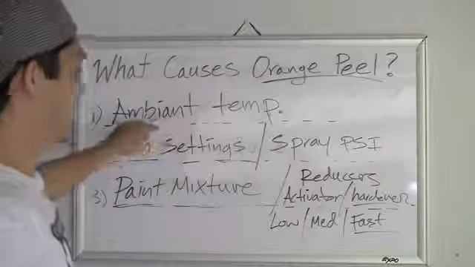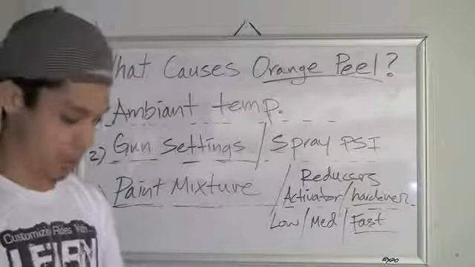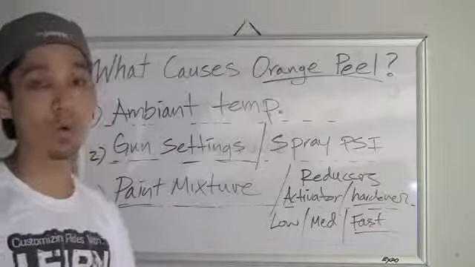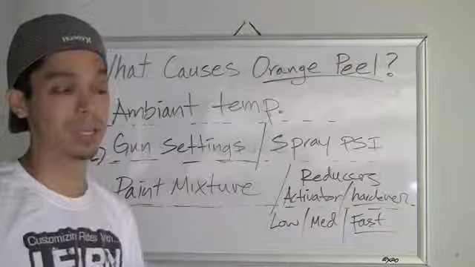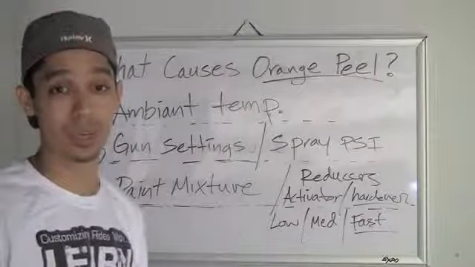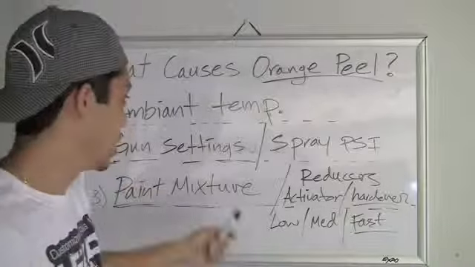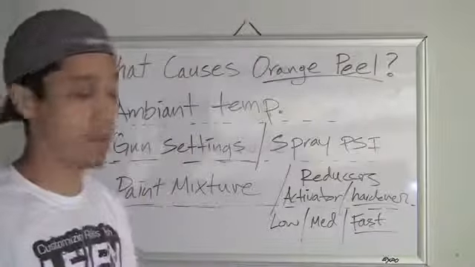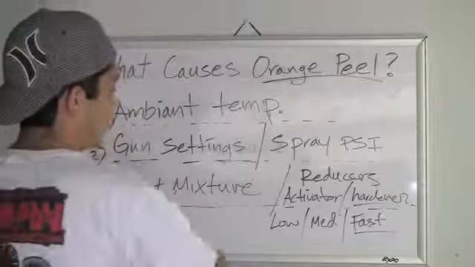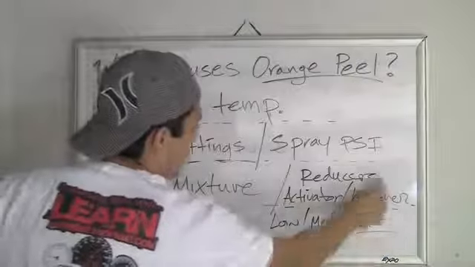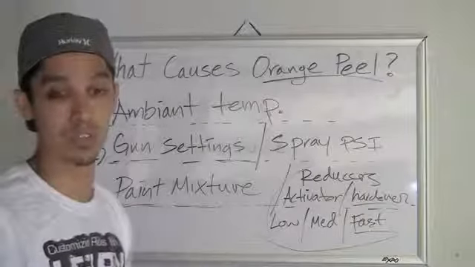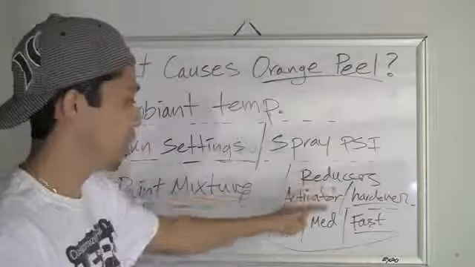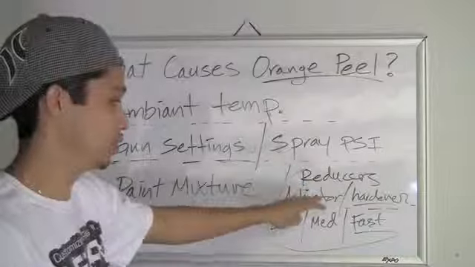Now, the first thing I said is ambient temperature. If you're spraying in a cold environment, it's possible that it doesn't give your paint a chance to flow out, which is going to give you orange peel. So the temperature of your room is important, which also goes back to the products. What are you painting, in what temperatures, and what product are you using? You want to use the right product.